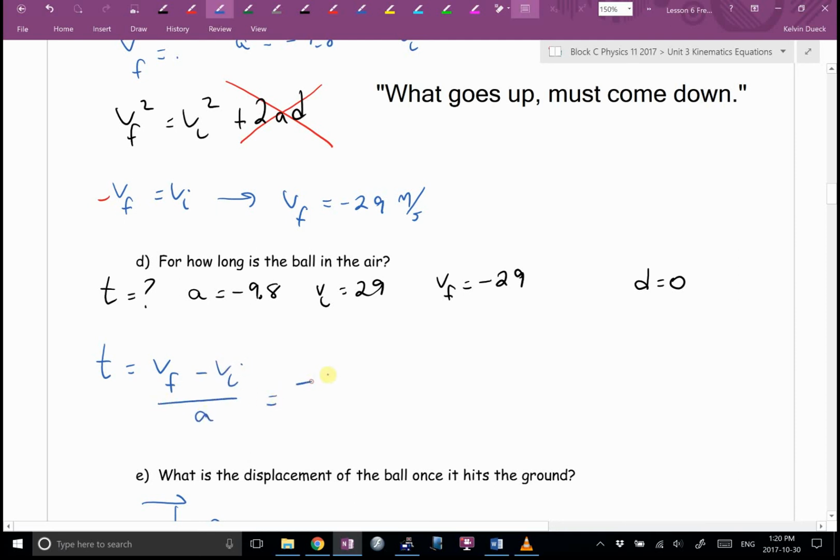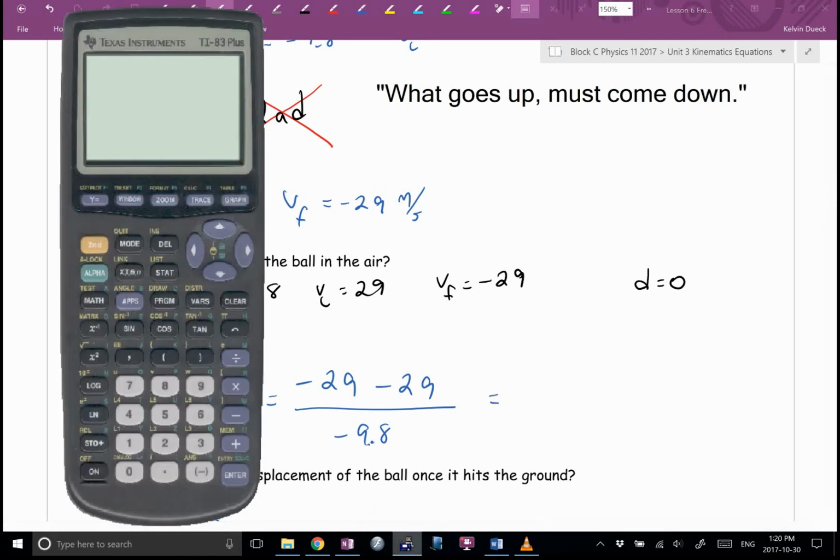So it's going to be negative 29 minus 29 all over negative 9.8. 5.918367.